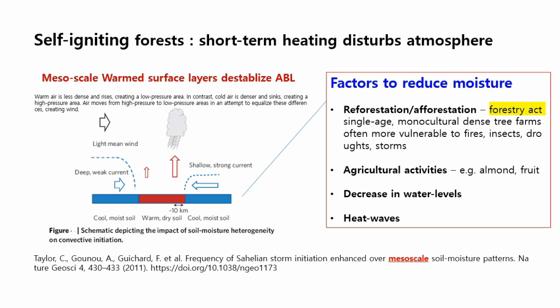However, vegetation can actually exacerbate large-scale fires. When the atmospheric boundary layer is destabilized, it further stores and increases convective available potential energy, and this can cause lightning or storms as well.